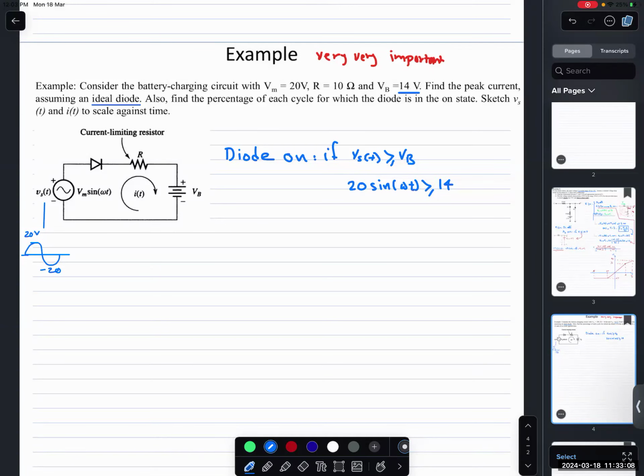The question says find the peak current, and many other things.